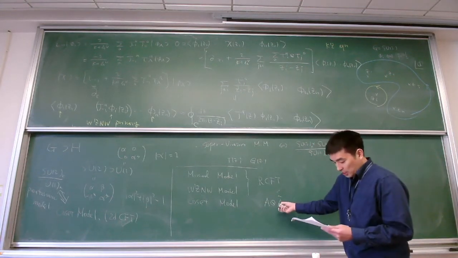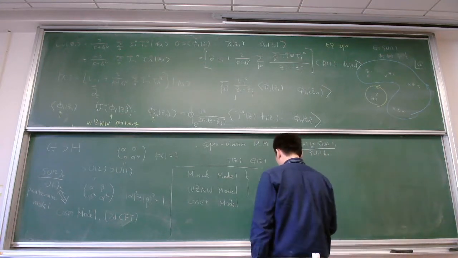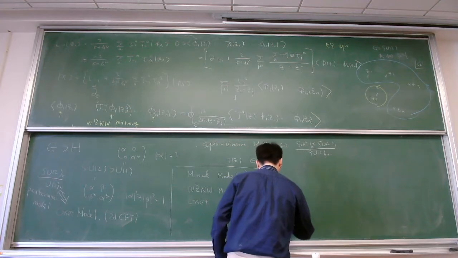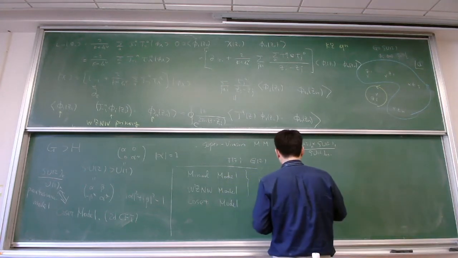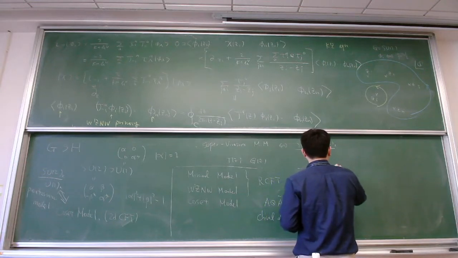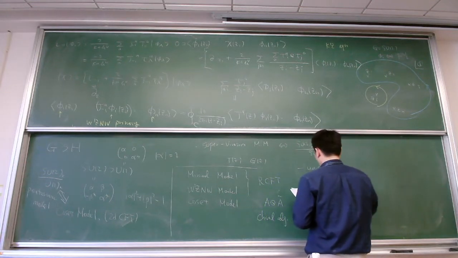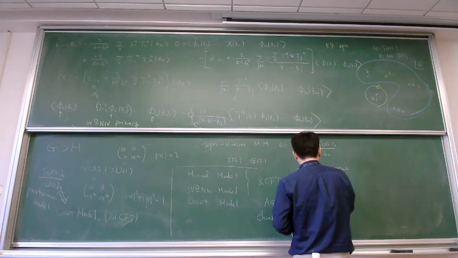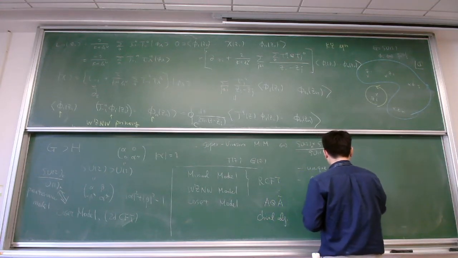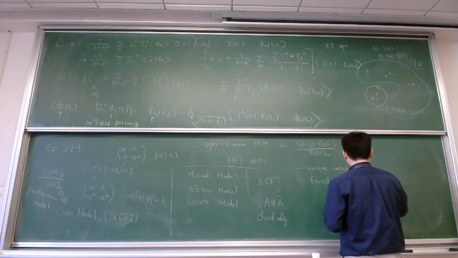So we end up with this infinite chiral algebra, and it satisfies the following properties: a unique vacuum, and also finitely many primary fields.